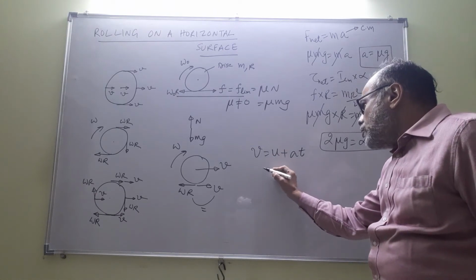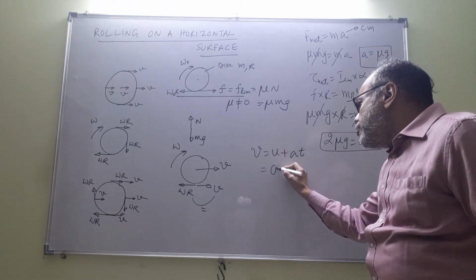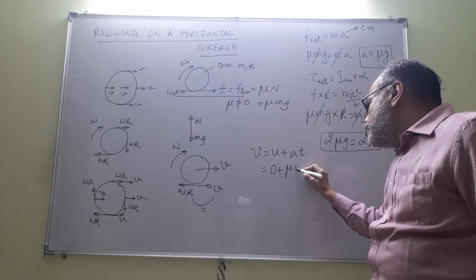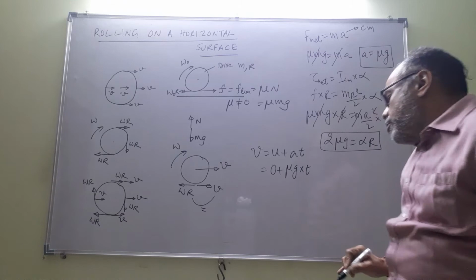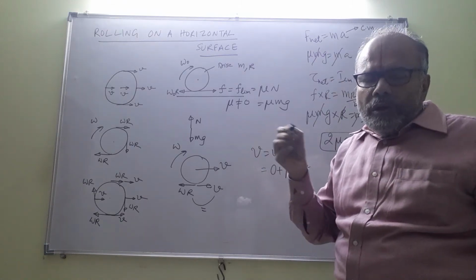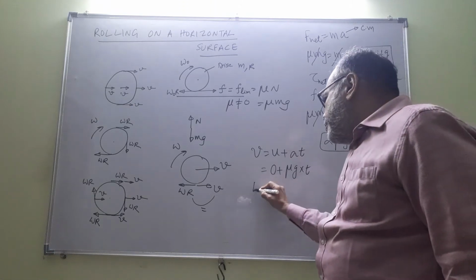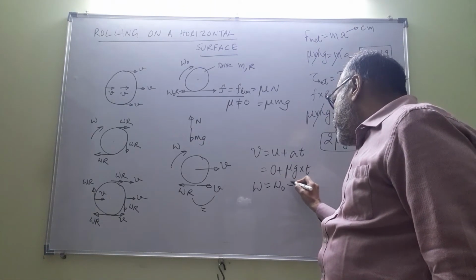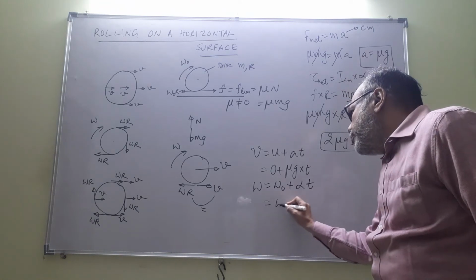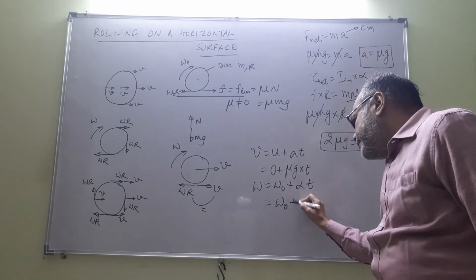So V would be u, which is 0, since initially the center of mass is at rest. A is mu g, so V is mu g into t. We can also apply the kinematic equations for circular motion. That is nothing but omega is equal to omega naught plus alpha t.